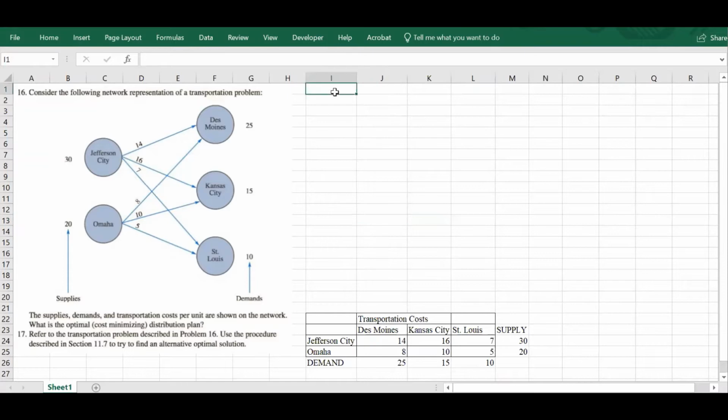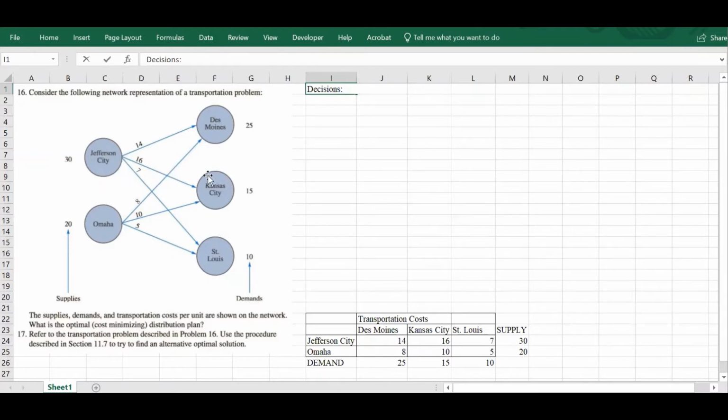So let me just go ahead and write down the decision variables. The decisions that we have to make would be how many units of the product to be shipped from each one of our suppliers to each one of our customers or buyers.